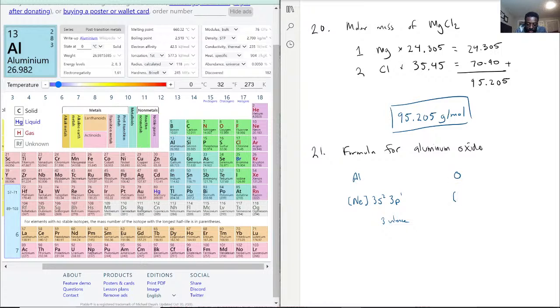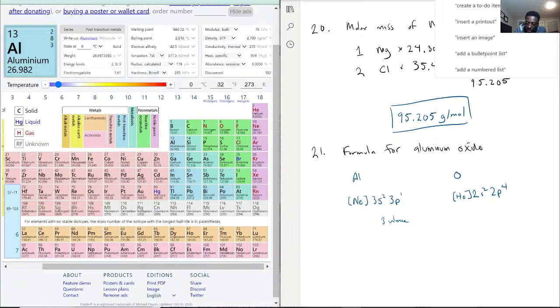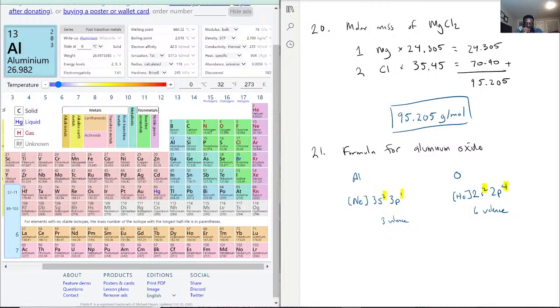It starts with helium, and we have 2s2 2p4. Add these together. Let me actually highlight. Sorry about that. 2 and 1, 2 and 4, and we get 6 valence. So oxygen has 6, and aluminum has 3.